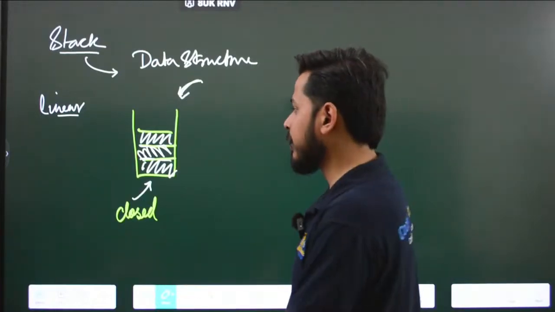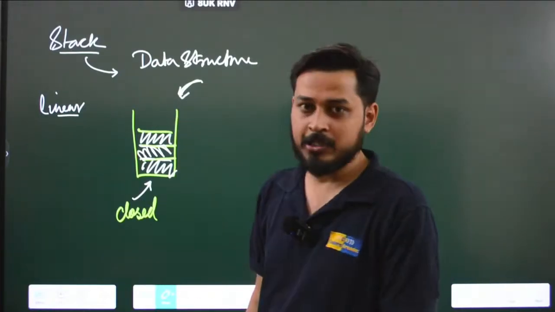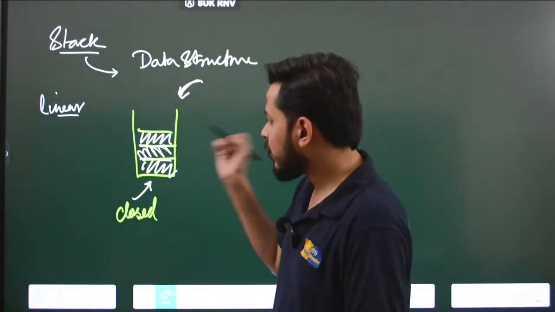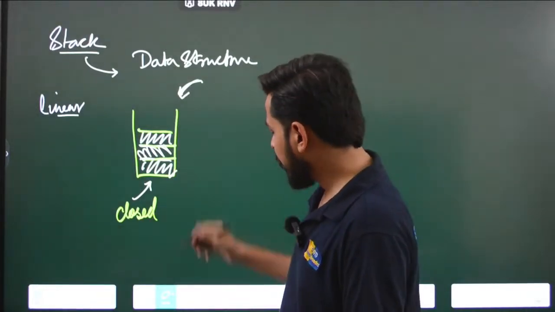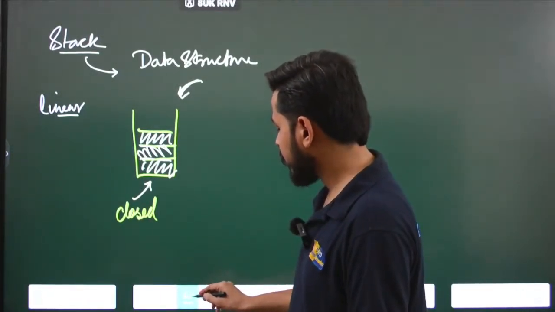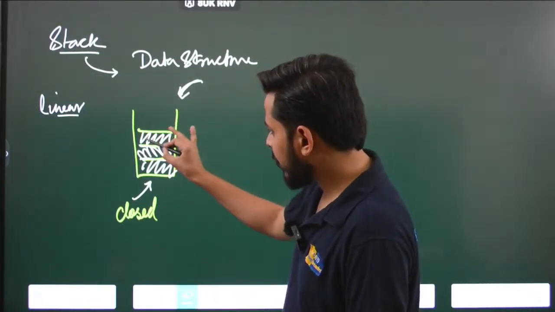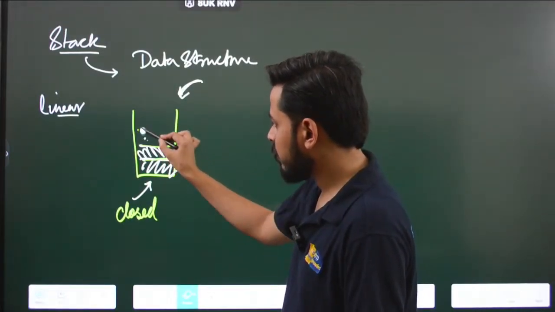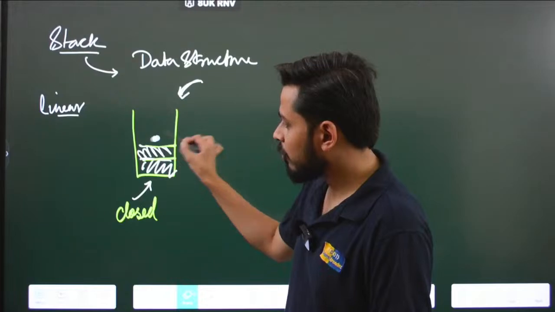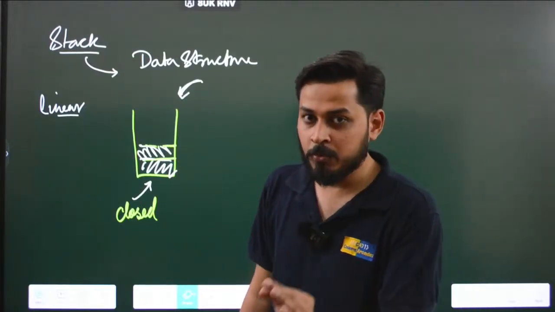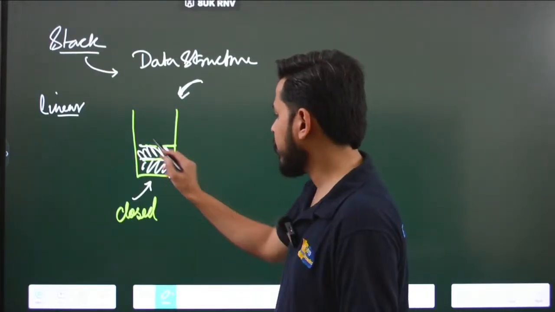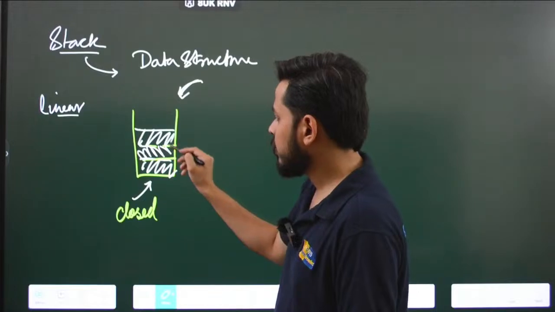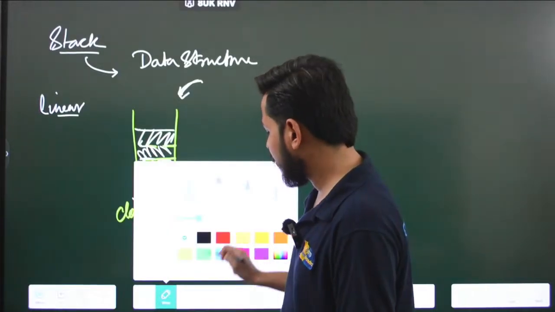But let us say I now say delete one element. As soon as I say delete one element, the latest element will get deleted first. You observed here that the topmost element, which was right here, got deleted first.